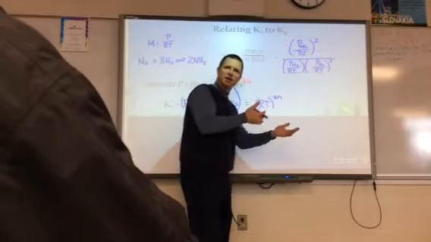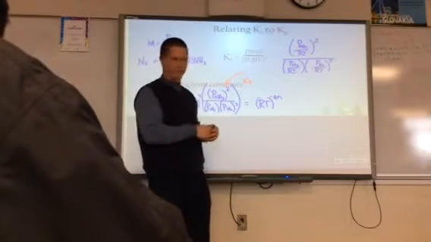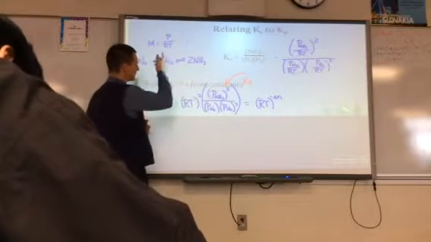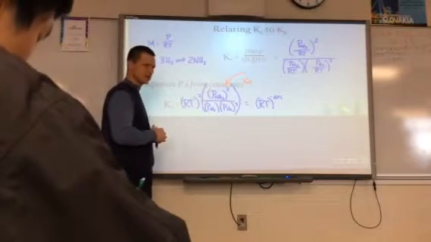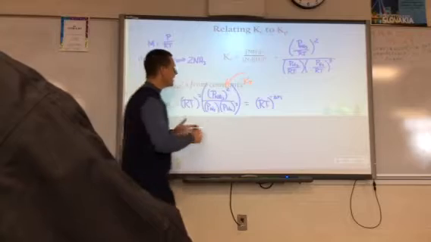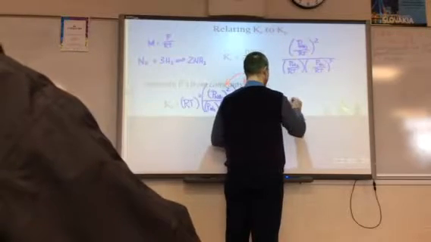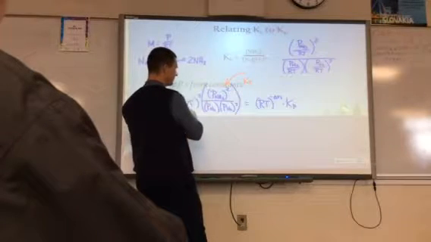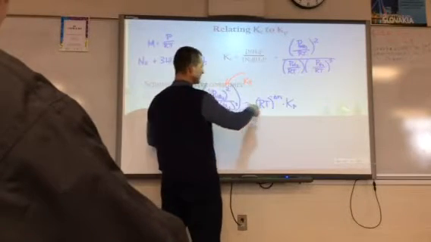That would be the reactants minus the products. N for gas. The N is just like what the coefficients are. And that's being multiplied by Kp. So my RT is raised to the negative delta N power, and this term right here is just Kp.